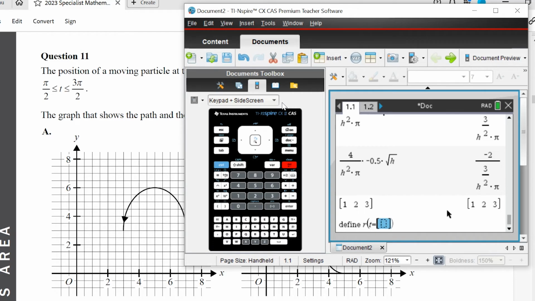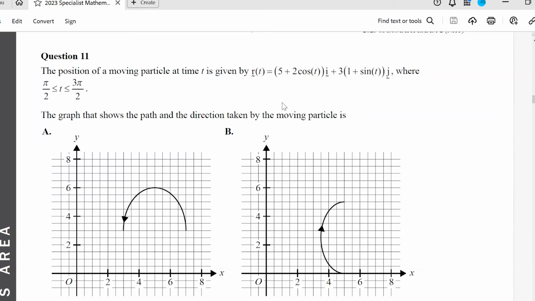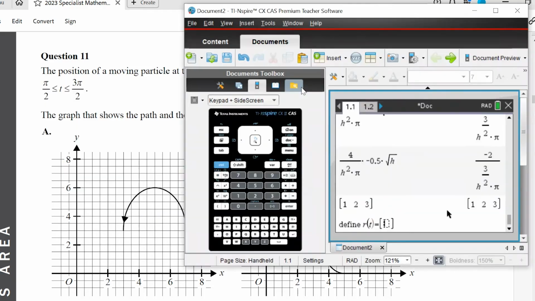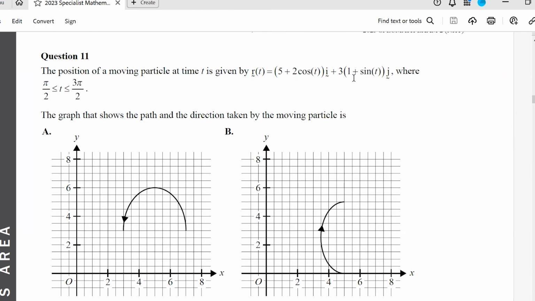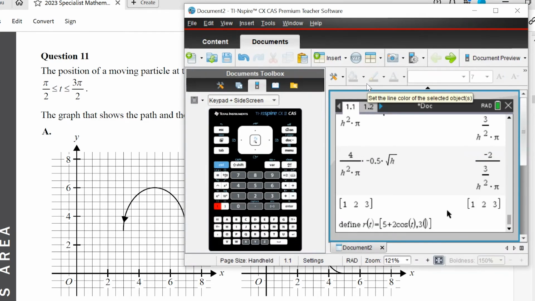I only want 2 values here. One is 5 plus 2 cosine t. Use a comma to separate them. The next one is 3 bracket 1 plus sine t.